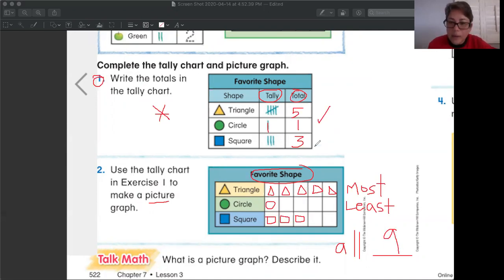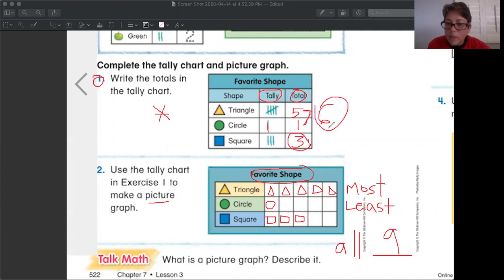You could also count here. 5 and 1 makes 6. And then if I add 3 more, 6 plus 3.